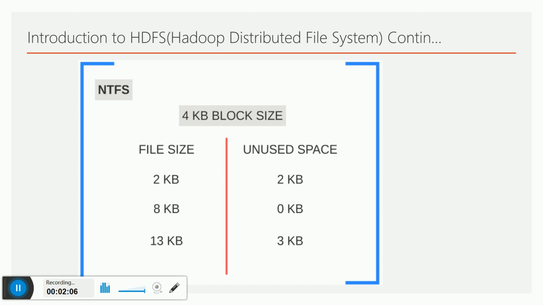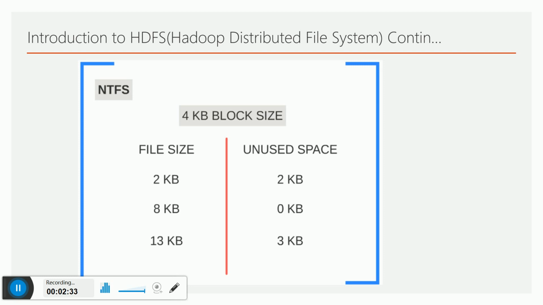It will use 2 KB for my file content, but the remaining 2 KB will be unused, and that space cannot be used by other files. Because of that, you end up with a lot of unused space in the local file system. That's how the local file system is defined.